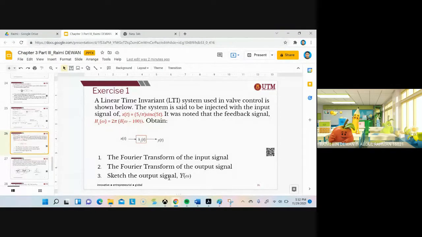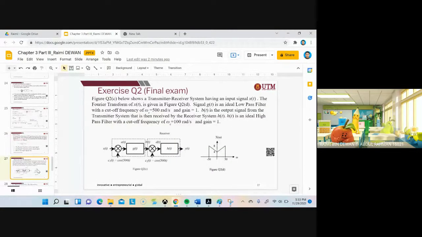And then what does it want? Sketch the output signal. This one is just sketch. So multiply this by this one, but you change this first to omega. You see here, this one is not in omega, so you need to change it first. And this one is already in omega. So X omega times H1 omega to get Y omega. I give some hint.